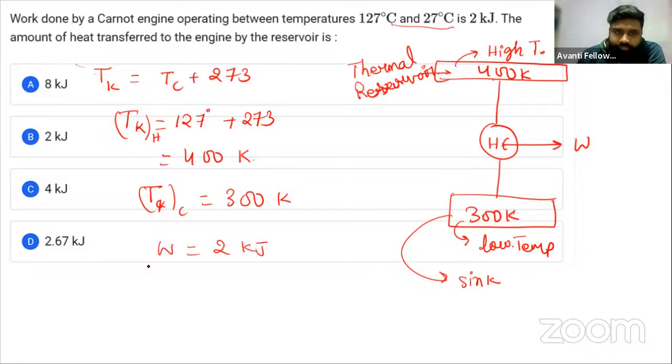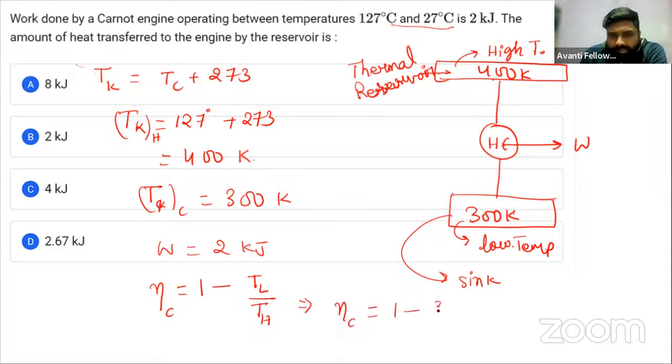2 kilojoule. Now we know that eta of Carnot engine is given by 1 minus T of lower temperature by T of higher temperature. Eta will be 1 minus T lower is 300, T higher is 400. So this will become 1 by 4. Now we know that this eta of Carnot is nothing but work done by heat transfer.